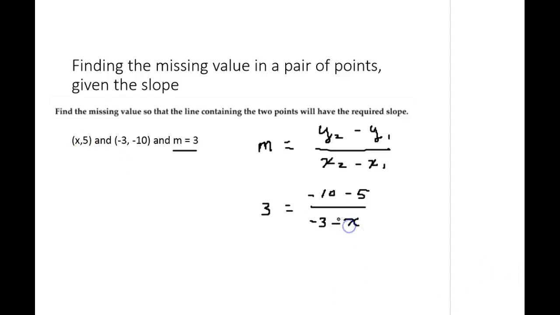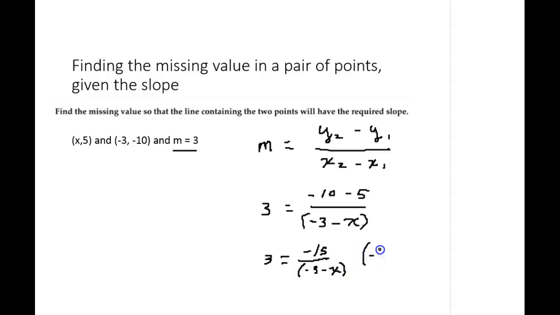So I'm going to be solving for x. I'm going to put parentheses around these. And I'm going to get 3 equals negative 10 minus 5 is negative 15 over negative 3 minus x. Now, how do I get rid of that fraction?